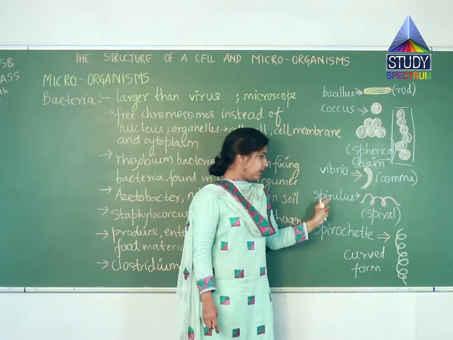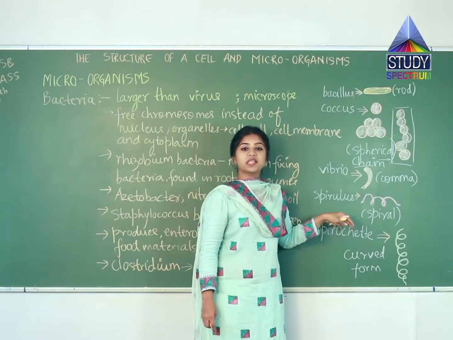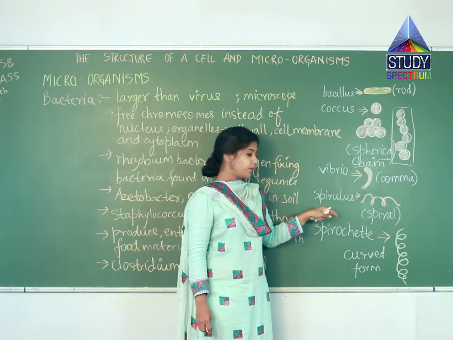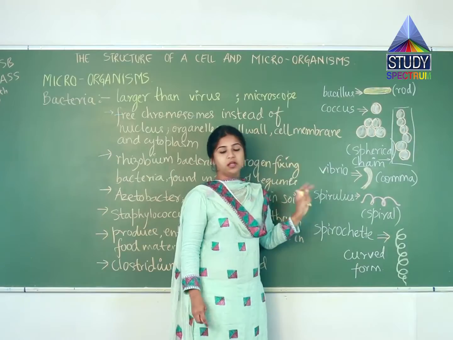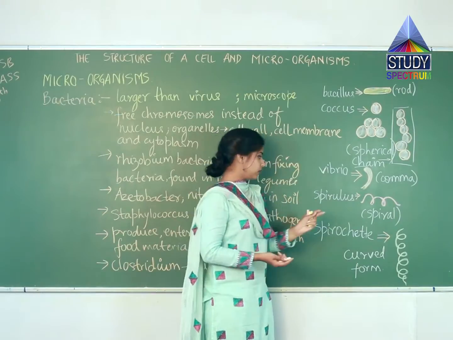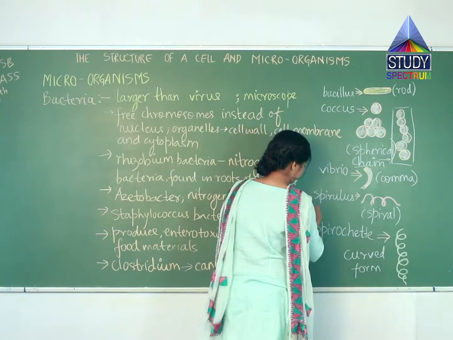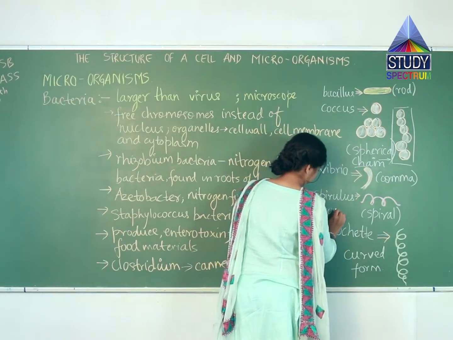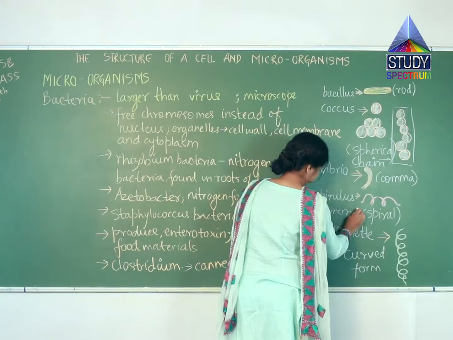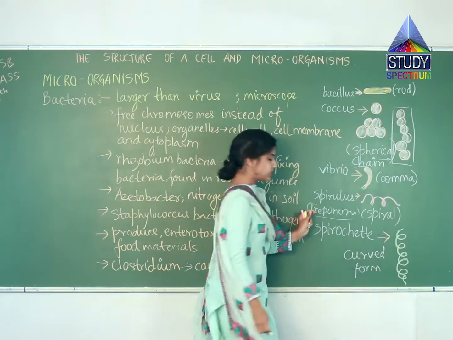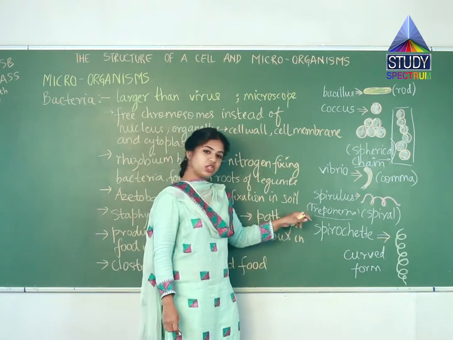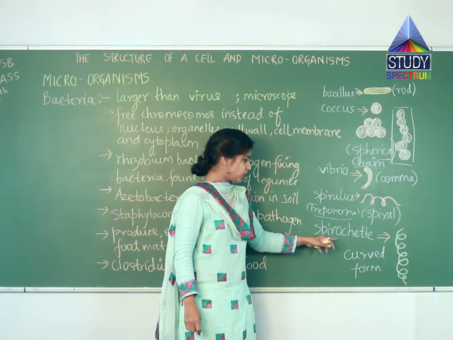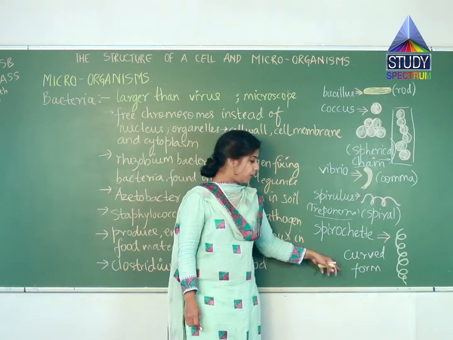The next one is spirillus, and the example for spirillus or spirillum is Treponema. That's the only example for its shape. The spirochete is a curved form.